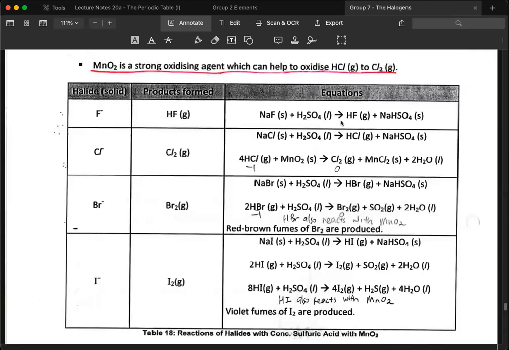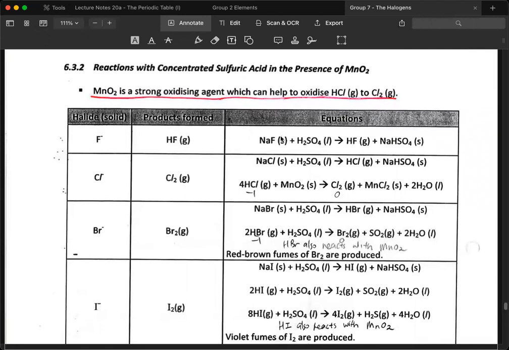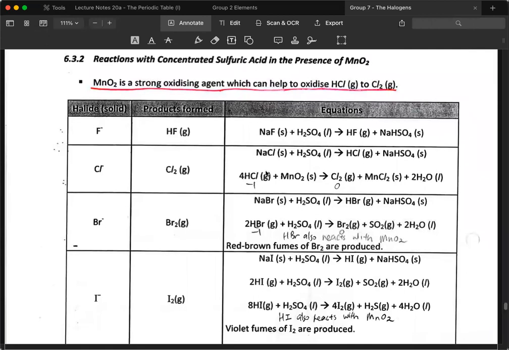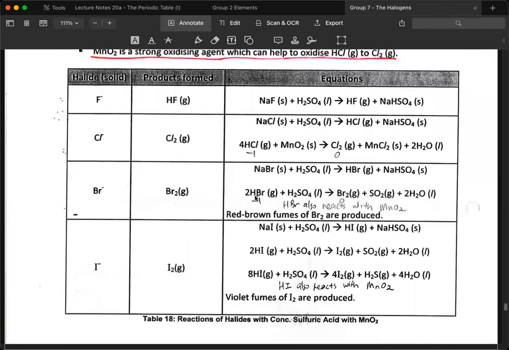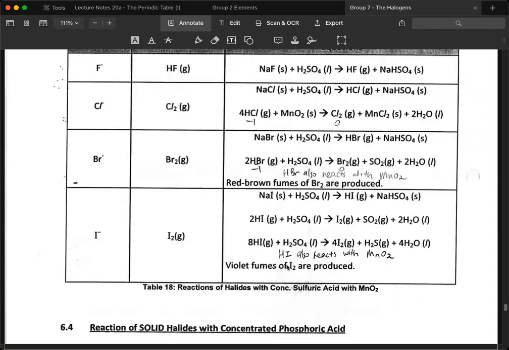So NaF becomes HF, same thing. The HCl can be oxidized to Cl2, MnCl2, and water. So the HCl formed can be further oxidized by MnO2: from +4 to +2, and from -1 to 0.